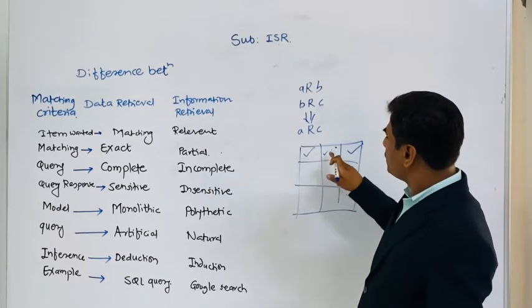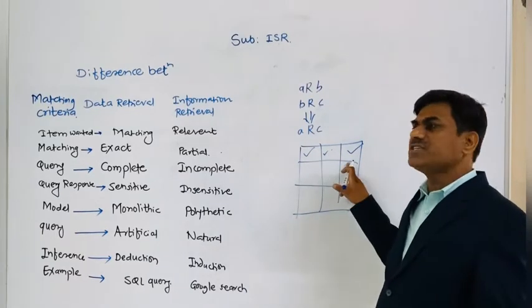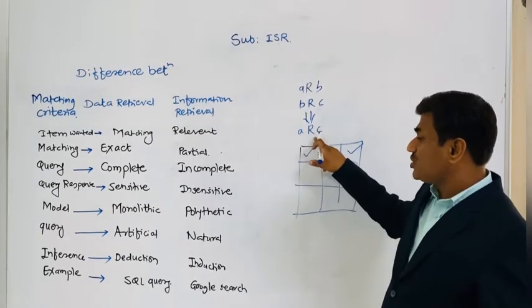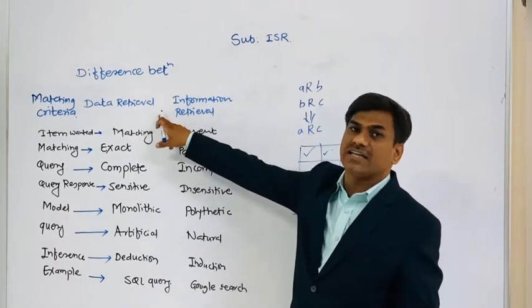Column A having a relation with B, column B having a relation with C, definitely column A is having a relation with C. This kind of nature is nothing but the inference deduction under data retrieval.